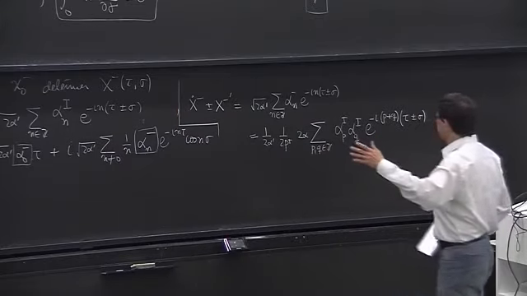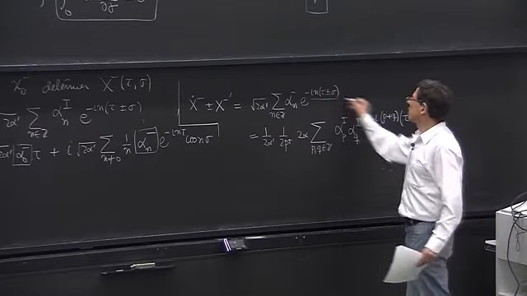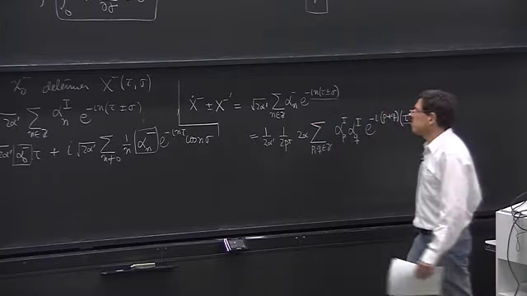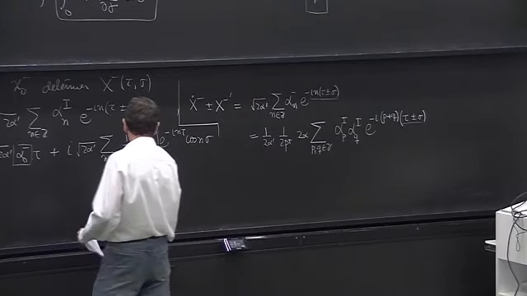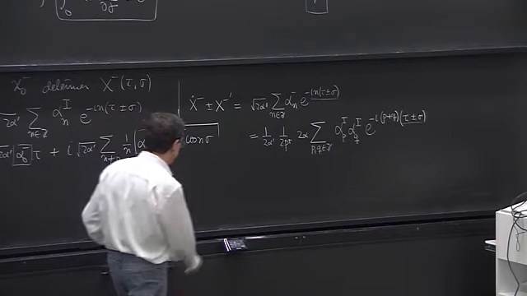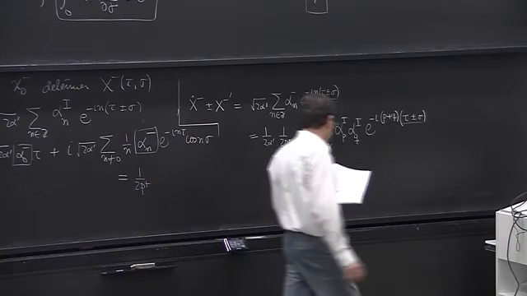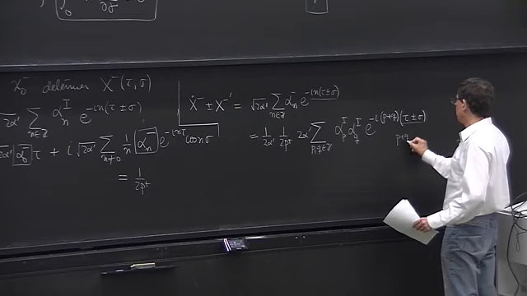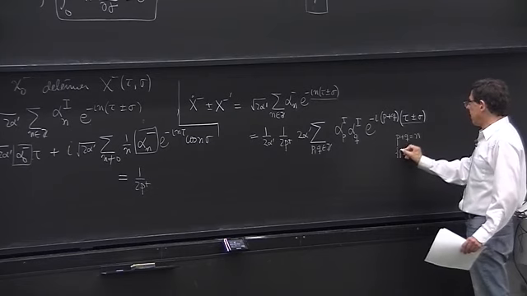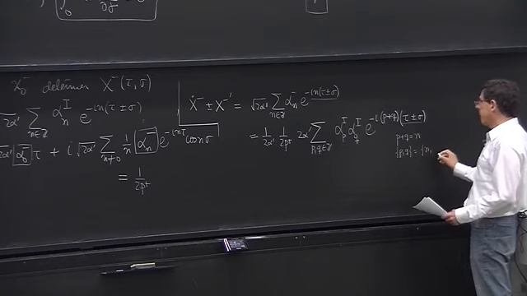And look what has happened that should make you very happy: you have a sum of exponentials and a sum of the same exponentials. So this can be used to find alpha n. In fact, I'll go all the way up to here. The 2 alpha primes cancel, 1 over 2p plus. And what I'll do here is I'll call p plus q, I'll call it n. And instead of summing over p and q, I will sum over n and p.